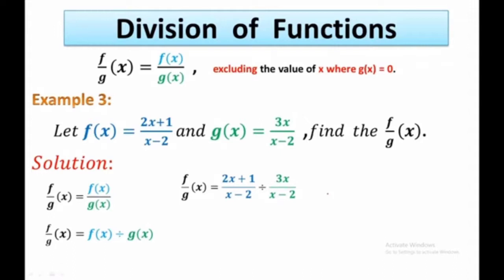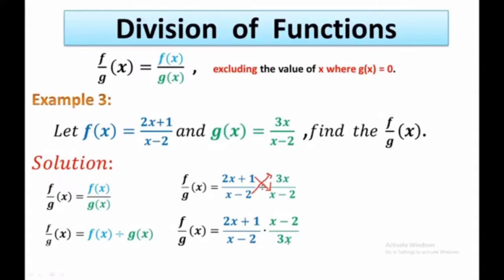Next, in the division, in our exercise earlier, what do we do for the division of two fractions? Okay, we cross-multiply. So we have 2x plus 1 times x minus 2, and then you also have here x minus 2 times 3x.